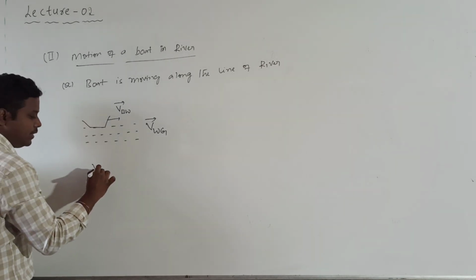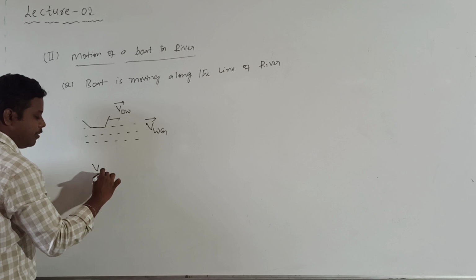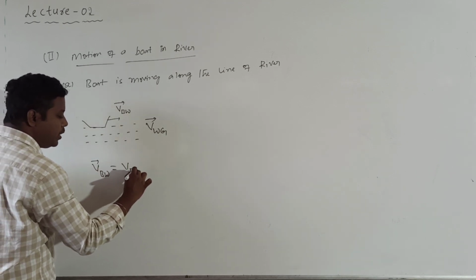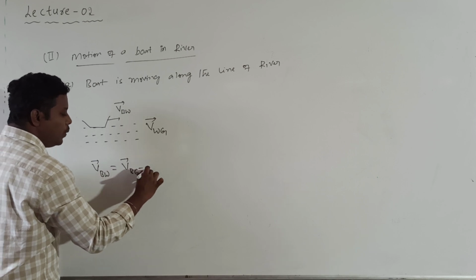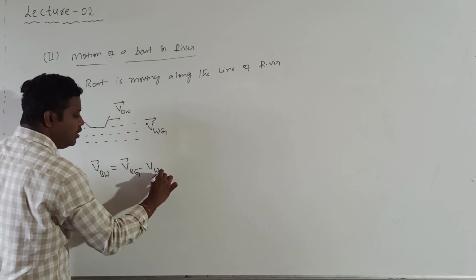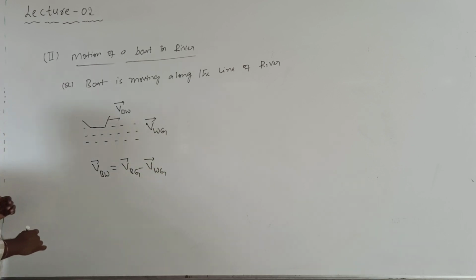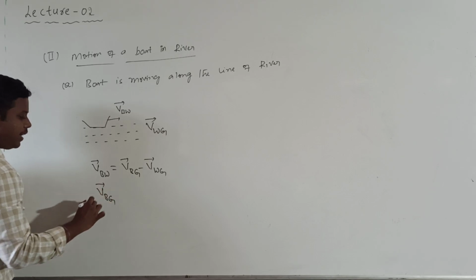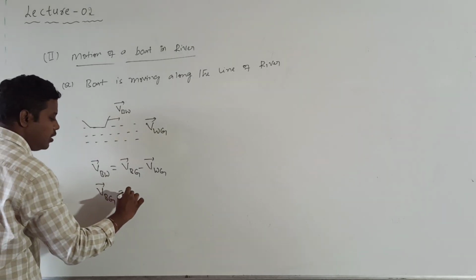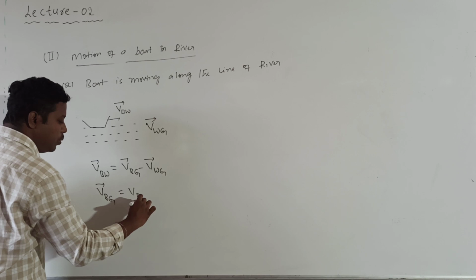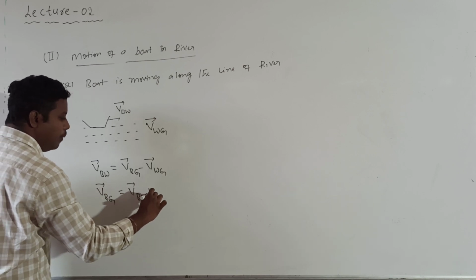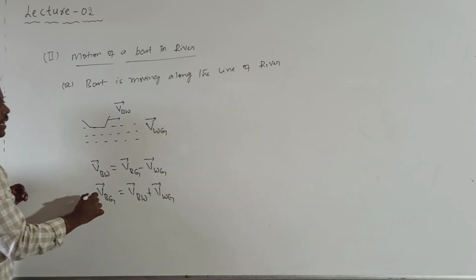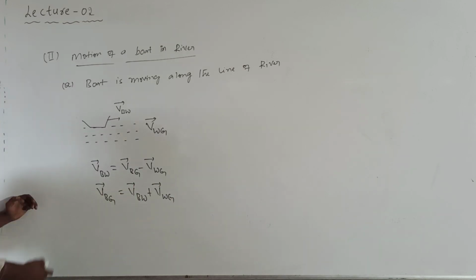So what is the relative velocity concept? Velocity of the boat with respect to water is given by velocity of the boat with respect to ground minus velocity of water with respect to ground. From this, the velocity of the boat with respect to ground is Vbg bar equal to velocity of the boat with respect to water plus velocity of water with respect to ground.